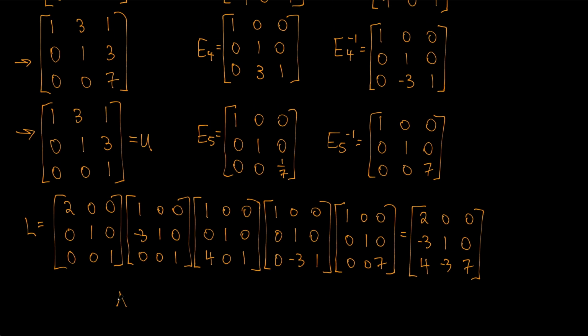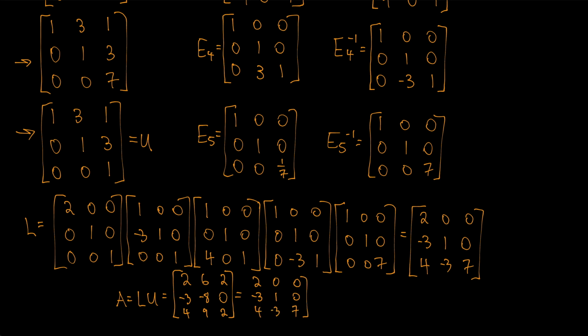We have A equals LU, which is equal to 2, 6, 2, minus 3, minus 8, 0, 4, 9, 2. Sorry, that's A, equals 2, 0, 0, minus 3, 1, 0, 4, minus 3, 7.